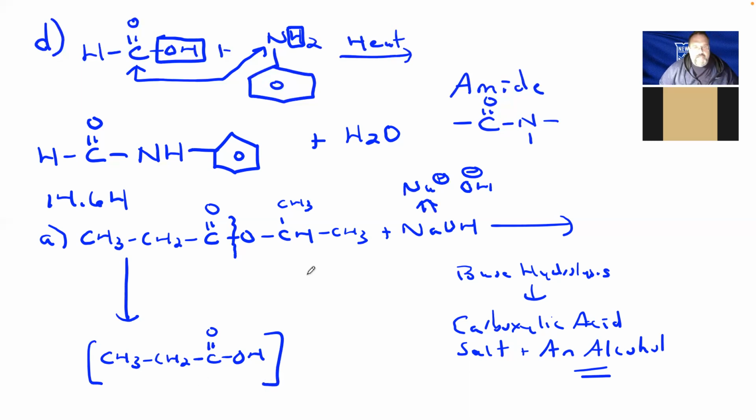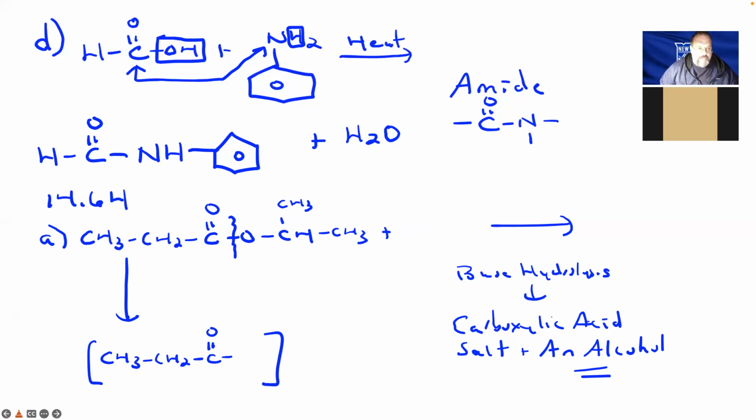So in this case, and let me just use a couple different colors here to sort of highlight, I'm just going to draw the sodium hydroxide in a different color.